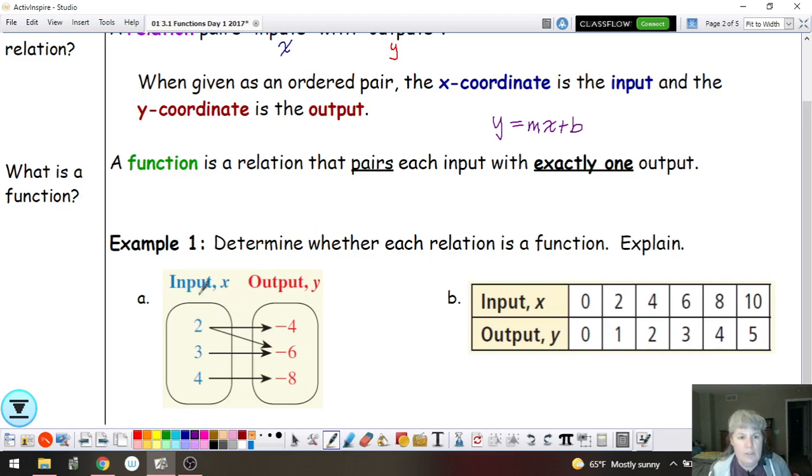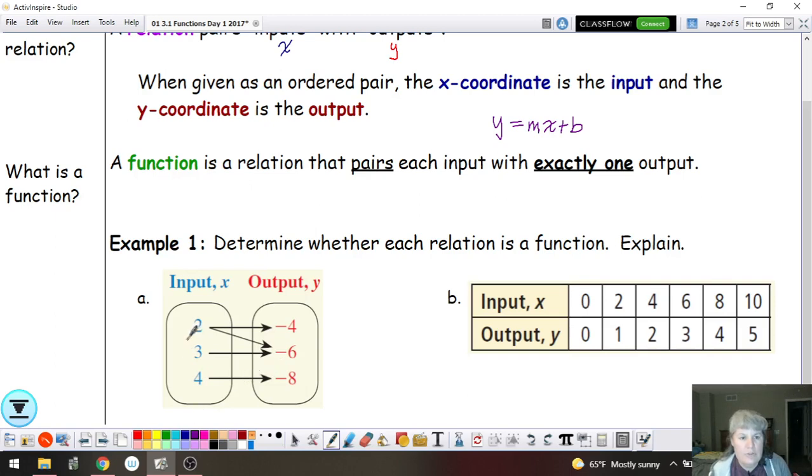So if we take a look at this mapping diagram, I have all of my inputs in this oval, and I have my outputs in the oval next to it. And these arrows from the blue numbers to the red numbers are mapping. So like the number 2 here, this input is going to negative 4 and it is going to negative 6, while 3 is only going to negative 6 and 4 is going to negative 8.